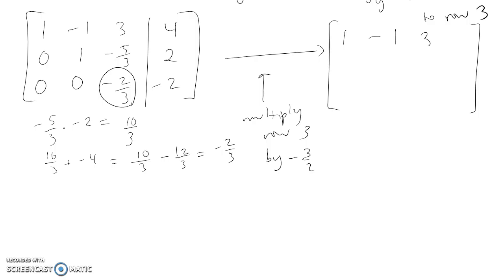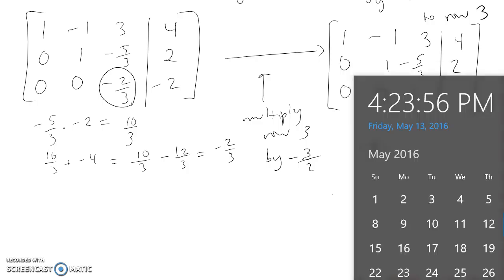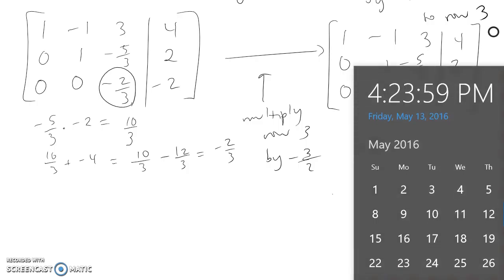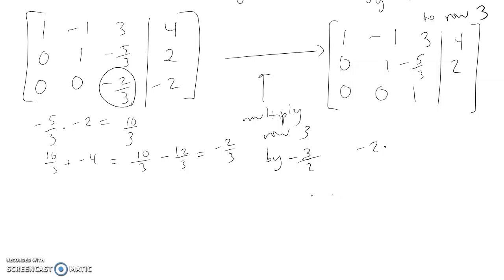So again, the first row we're not changing. The second row we're not changing, and the third row we're just multiplying by -3/2. 0 times -3/2 is 0 for both of these. -2/3 times -3/2 is a 1, and -2 times, oh, I'm sorry, I multiplied it by the wrong thing.